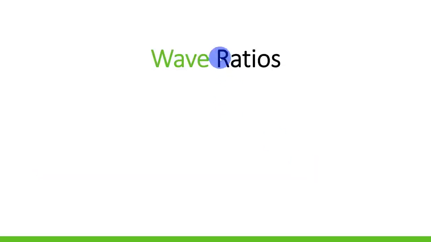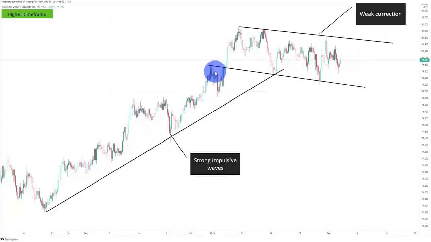Let's look at trend wave ratios, because this is a very, very important aspect when it comes to understanding trending markets and also the relationship between trends and corrections. And very often in a trending context, you will see something like this. You have your strong initial push, so you have a very long trending phase going up here, obviously.